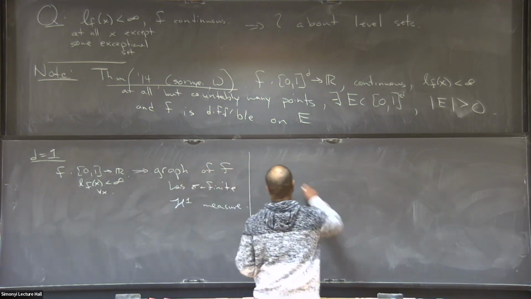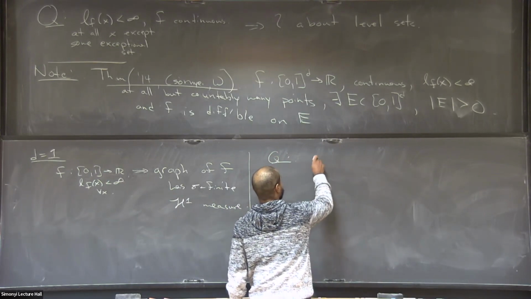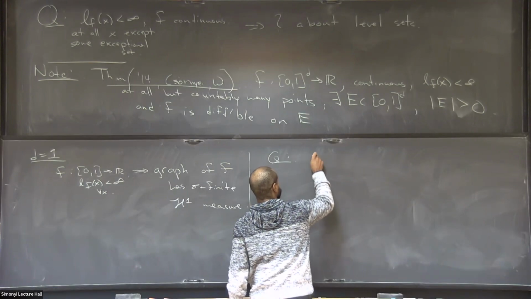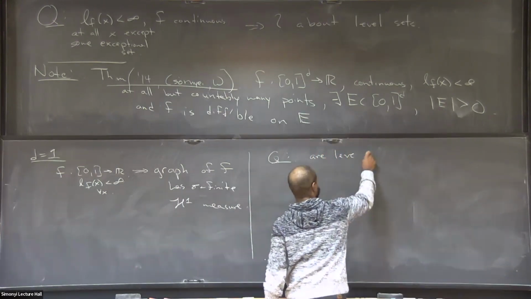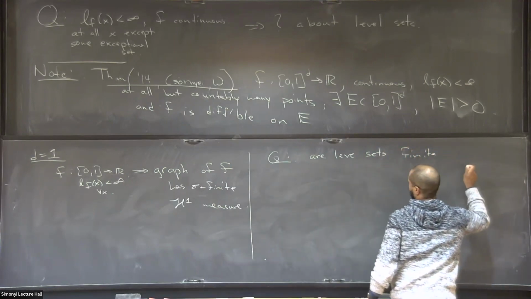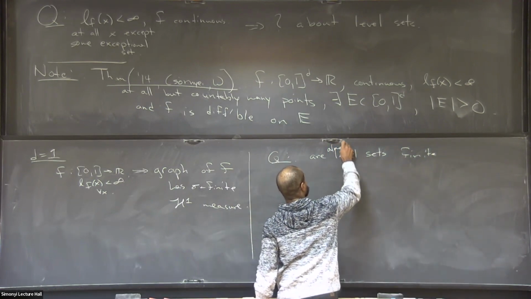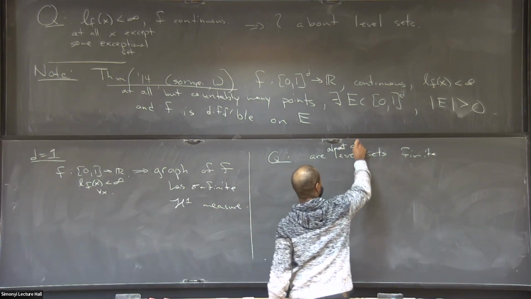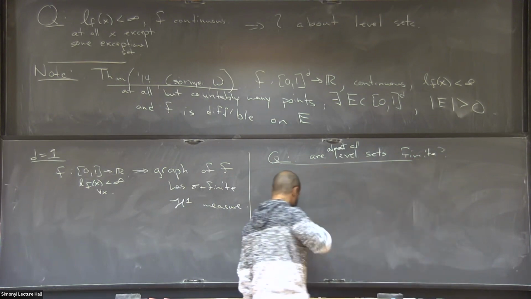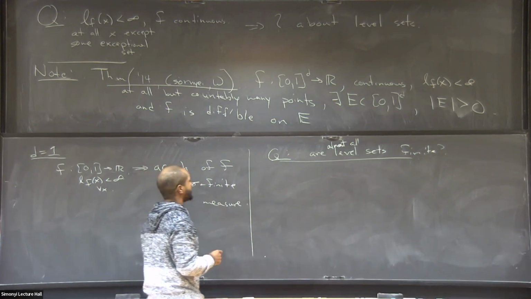So the question is, given this type of regularity, can you say that our level sets are almost, and we'll start with maybe a positive thing that one can say.